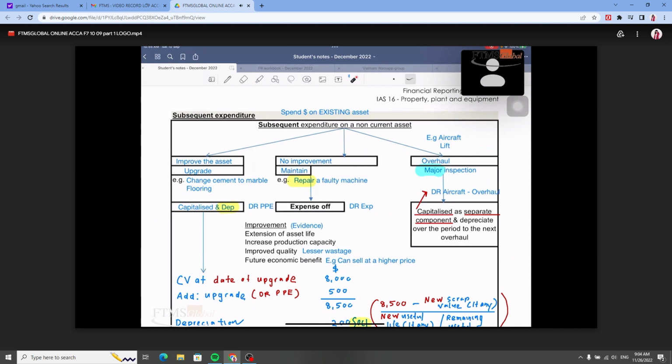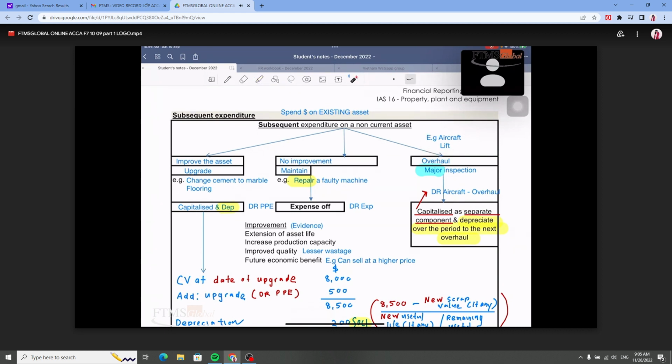So the accounting treatment, remember, is to capitalize as a separate component, and then depreciate over the period to the next overhaul. If your major inspection is every 5 years, then you will depreciate over 5 years. Usually life-threatening assets: aircraft, lift, and another one I can think of is your escalator.